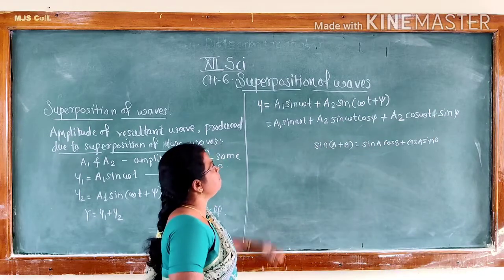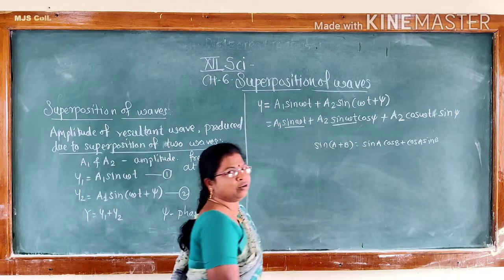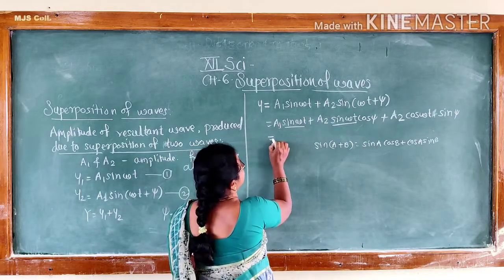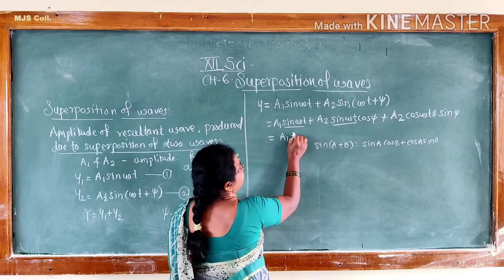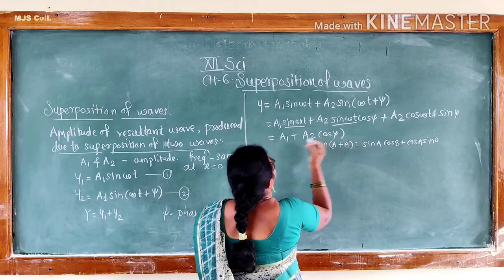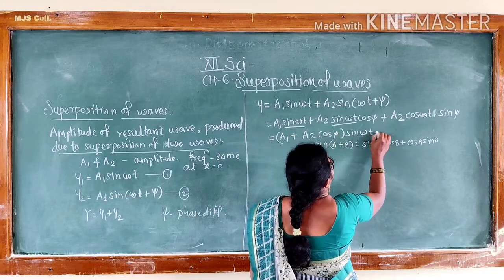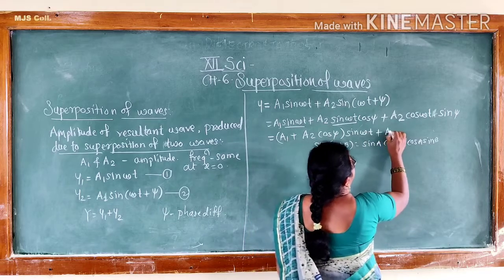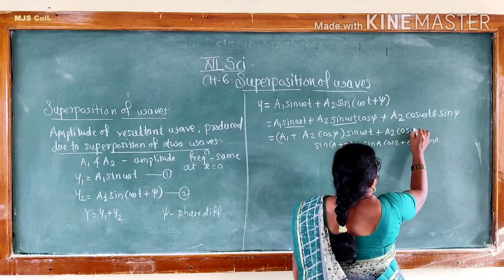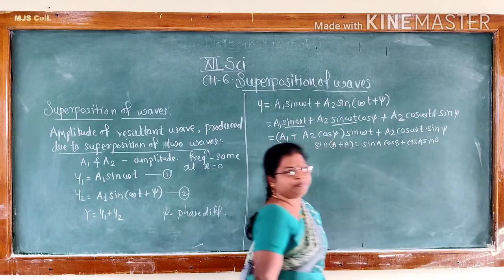Is it clear? Then take the common factor sin(omega t) out of the bracket: (A1 plus A2 cos psi) sin(omega t) plus A2 cos(omega t) sin(psi).